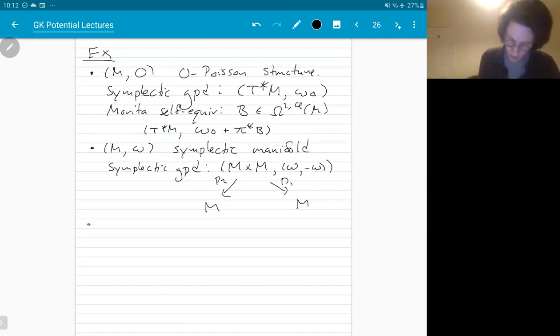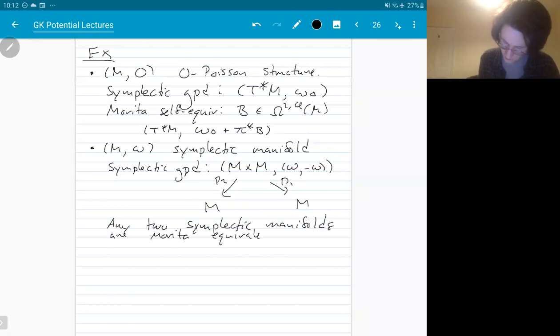And if you have any two symplectic manifolds, they are Morita equivalent in a similar way.